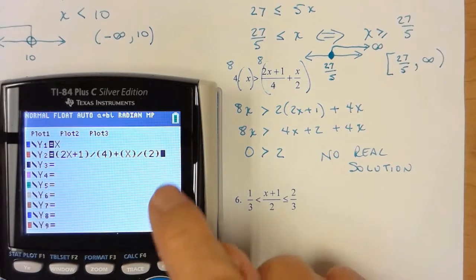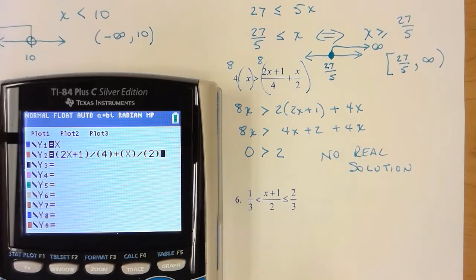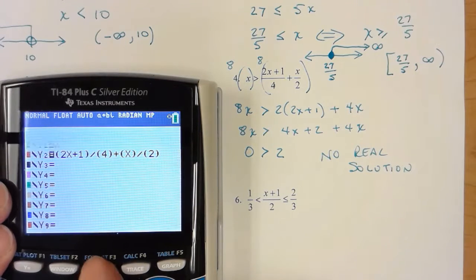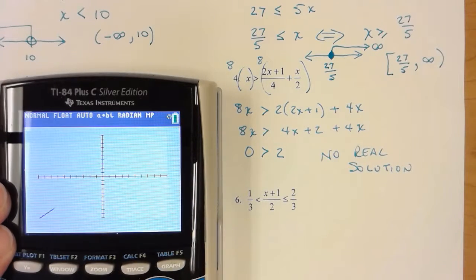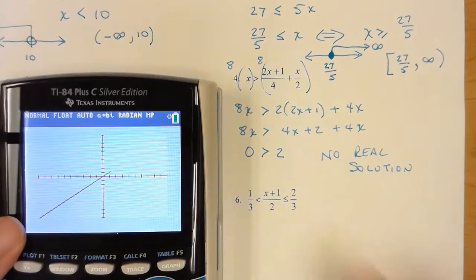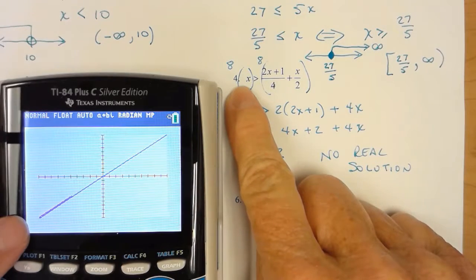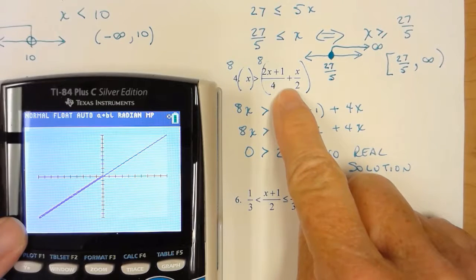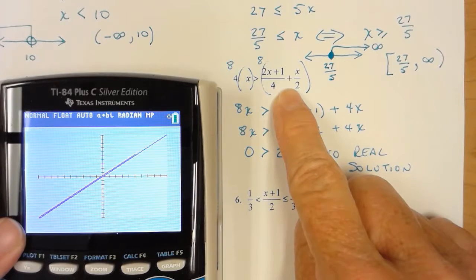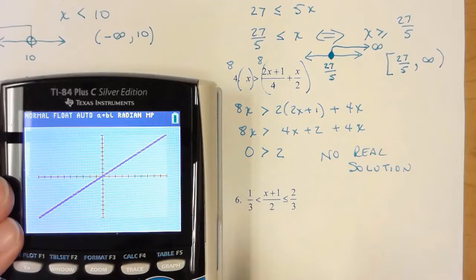There's times when you really don't need the parentheses, but not to worry about when you do, when you don't. It's just safe to put parentheses around the numerator and another parentheses around the denominator. So let me do zoom 6, get this standard. Now this was this side, and the red one is this side. Looks almost like they're on top of one another. Let me go in just a little bit closer.